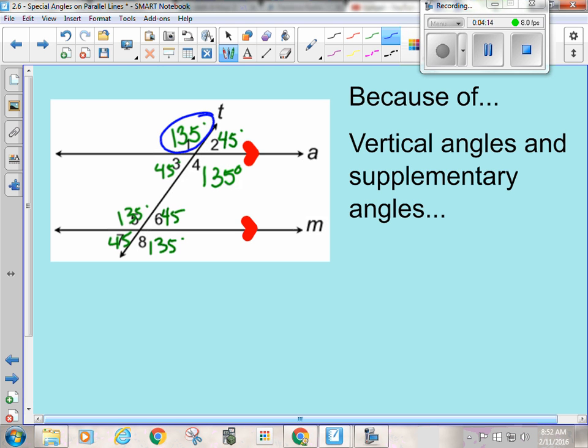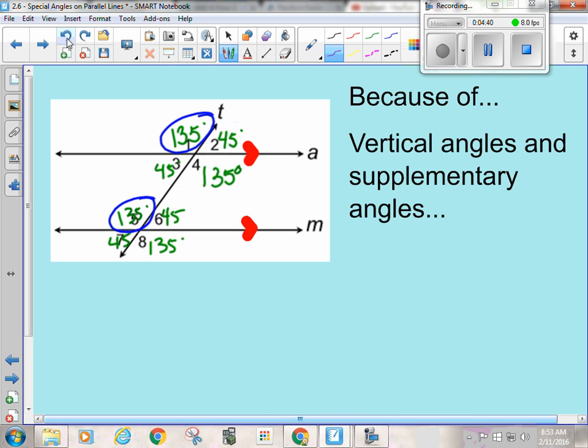Corresponding angles are angles that are in the same spot. If we look, my corresponding angles for 1 and 5 are both 135. If I look at corresponding angles for 2 and 6, they both end up being 45. So what we can conjecture is that corresponding angles are going to be congruent.